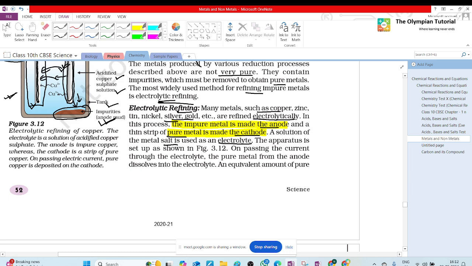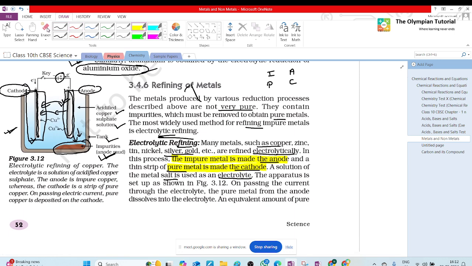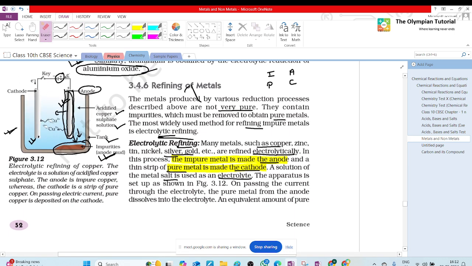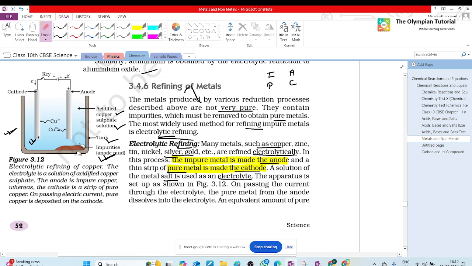From the anode, the metal dissolves into the electrolyte, then it deposits on the cathode. After some time, what will happen? The cathode will become thicker than the anode, and here we are getting impurities. It is also known as anode mud.